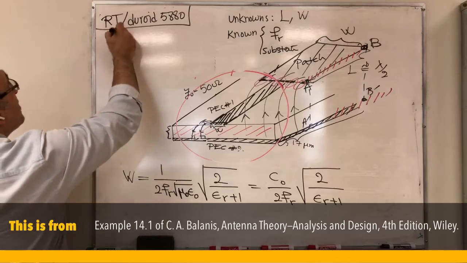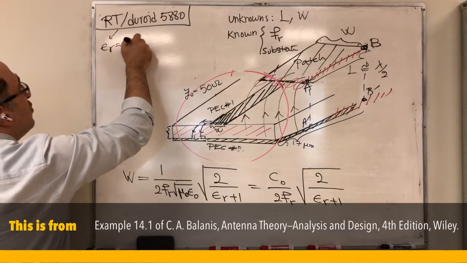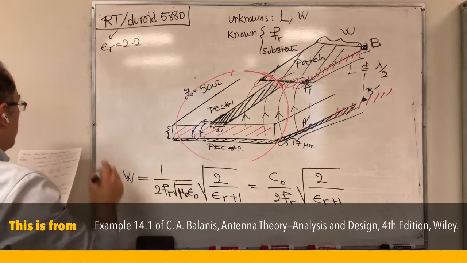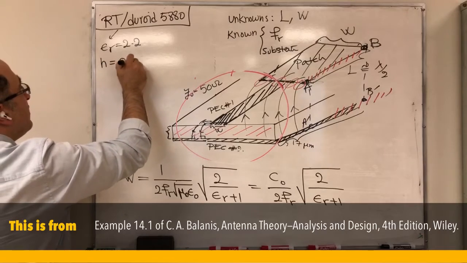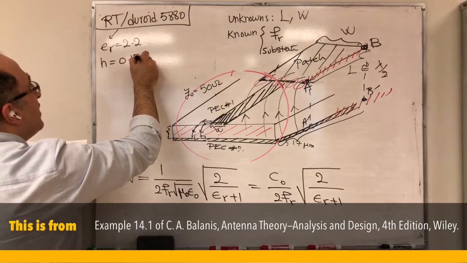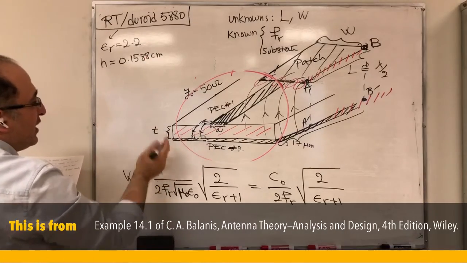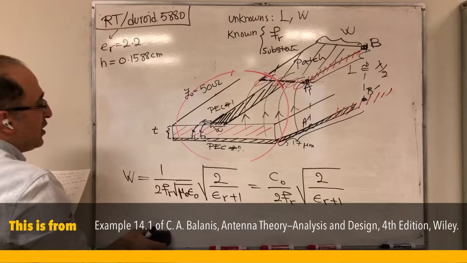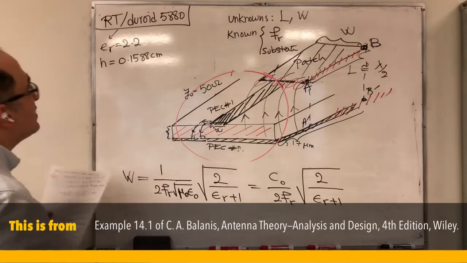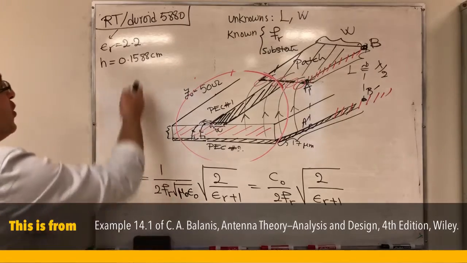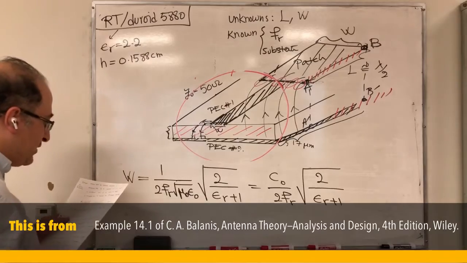For this substrate, epsilon r, the relative permittivity, is 2.2, and the thickness H is 0.1588 centimeters. Remember, in the beginning I said T for thickness. Here I'm using H to be consistent with the notes. So H, or height, is essentially the thickness of the substrate. This is about 1.6 millimeters or 0.1588 centimeters.